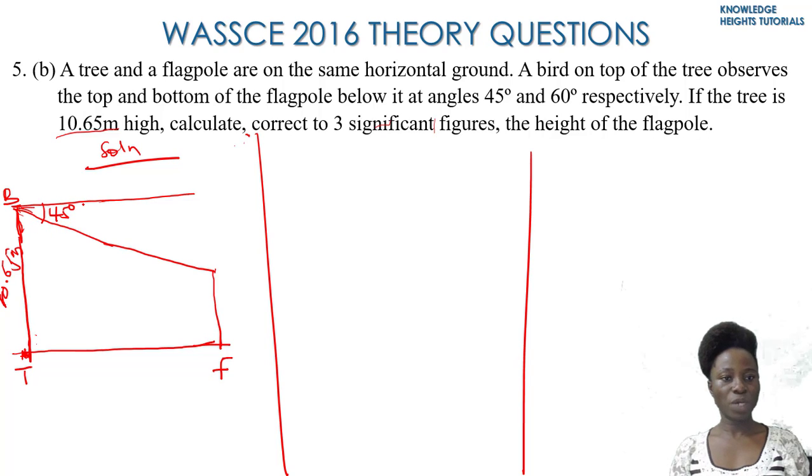This same bird from its eye level looks below at the bottom of the flagpole at 60 degrees. So from the eye level of the bird to the bottom is 60 degrees. We have that one also here.